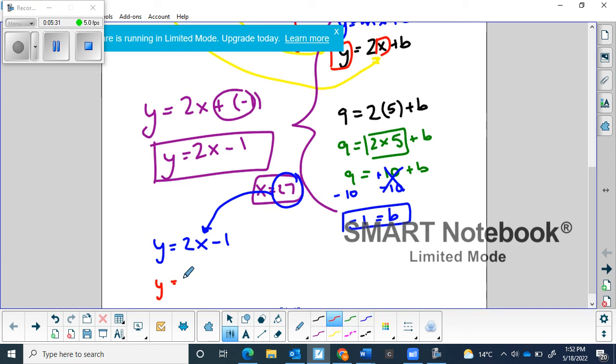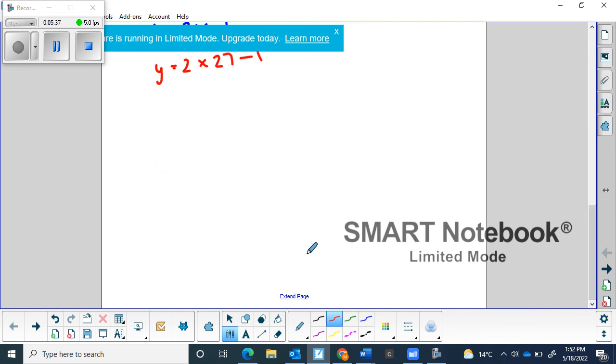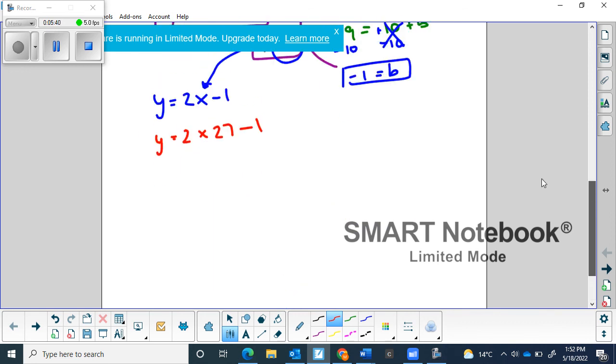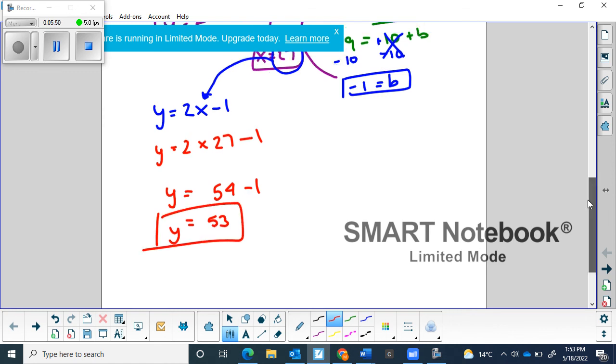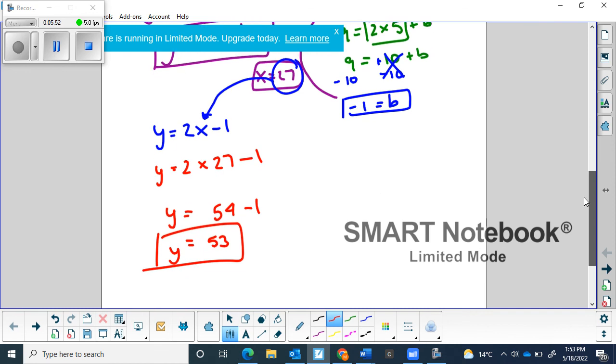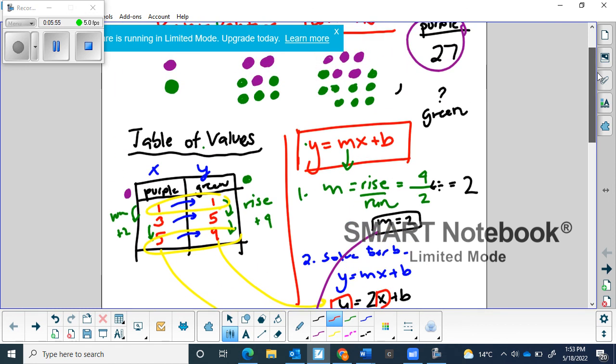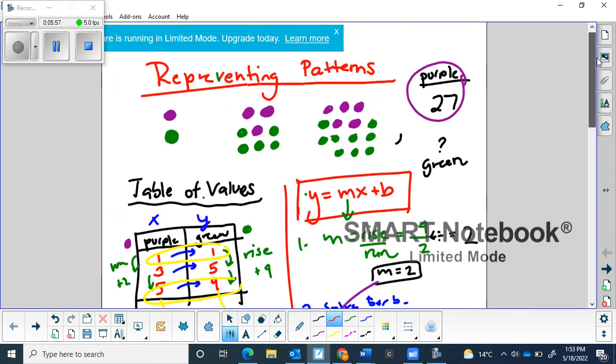So y equals 2 times 27 minus 1. And 2 times 27 is 54, minus 1 is going to be 53. So if there are 27 purple dots, there will be 53 green dots to match this pattern.